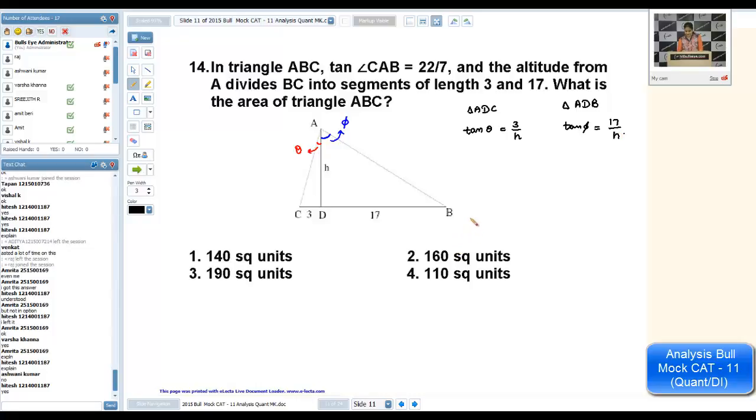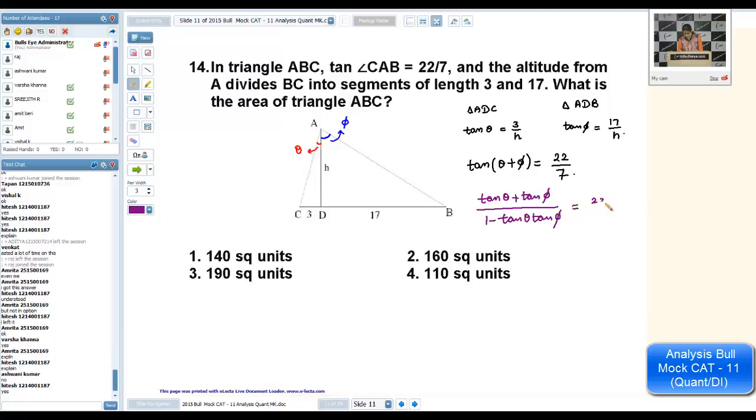Now we can use that. As we know, tangent of theta plus phi, that is mentioned in the question, is 22 by 7. I'm going to use the tangent formula: tan theta plus tan phi over 1 minus tan theta tan phi.